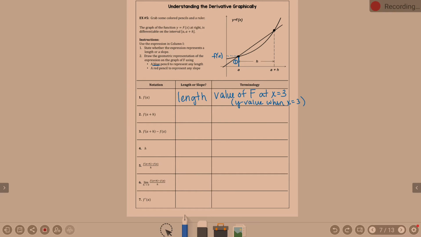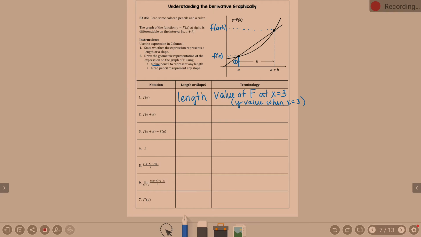This is a plus h. So what's f of a plus h? F of a plus h is going to be the y value over here, the y value when x is a plus h. And if that's the case, is this a length or a slope? It's another length, isn't it?